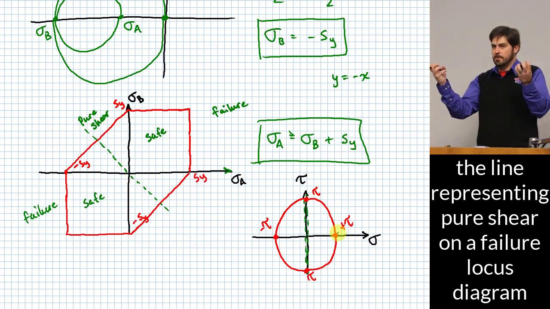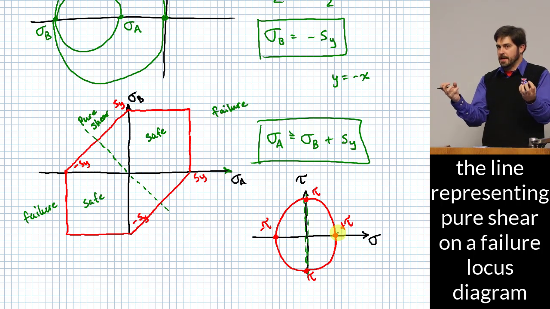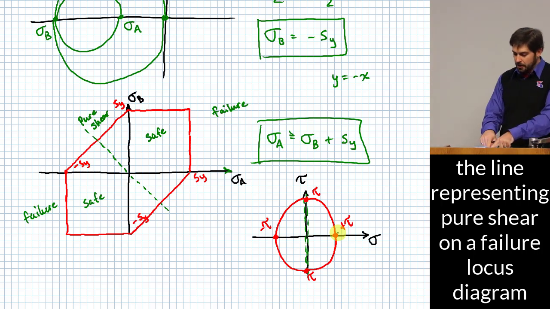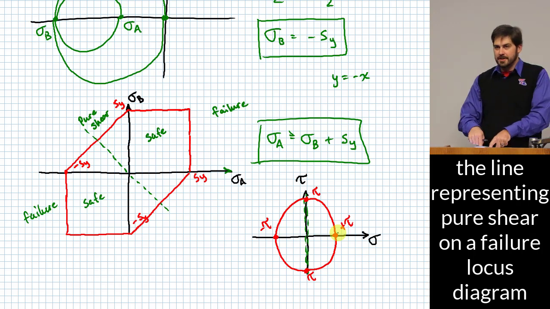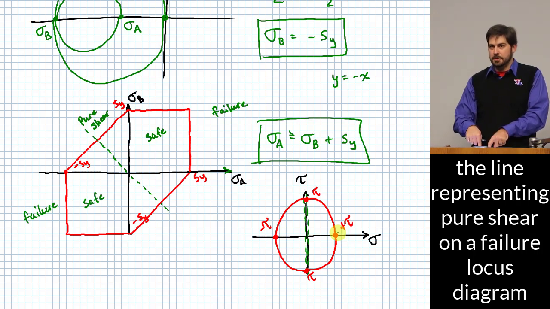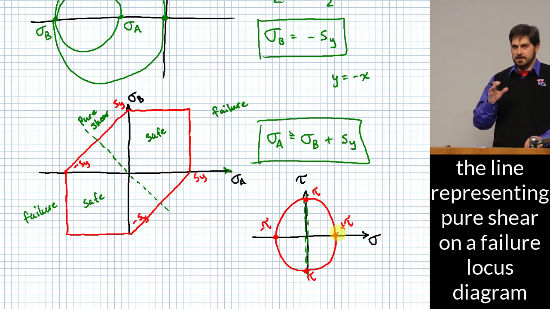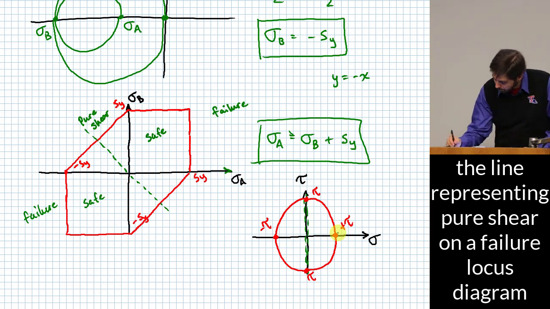They'll have the same magnitude, but opposite sign. And this line that I just drew is the set of all points for which you have the same magnitude and opposite sign. Does that make sense?